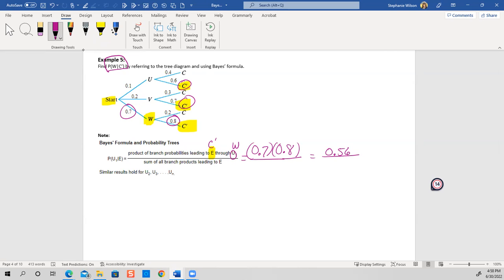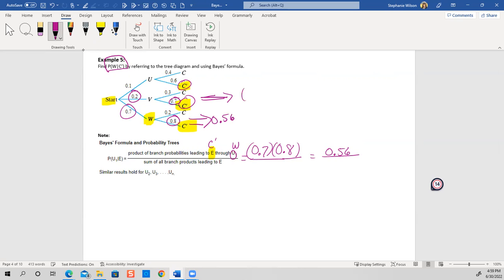We have C complement of the V, which is going to be 0.7 times 0.2, right? So if you want to, you can come over here and make note on that, or you can put it down here. Just make sure that your notation is clear, or do it like this. This may be helpful.